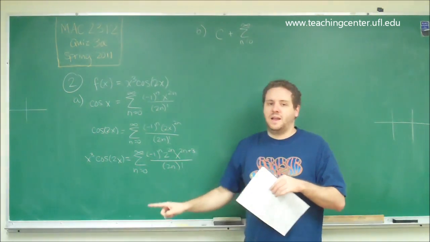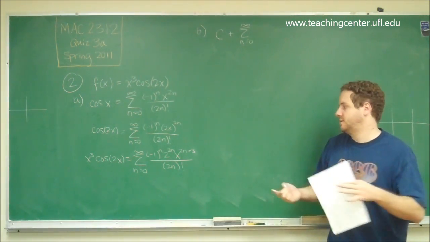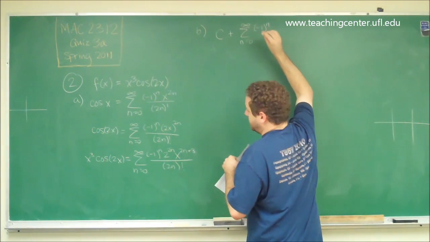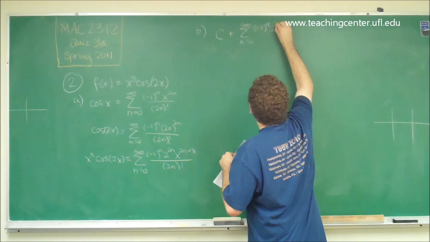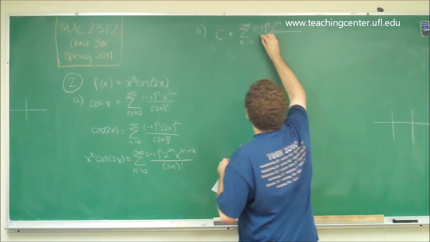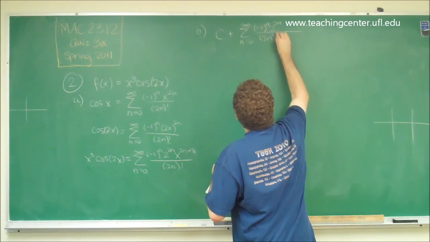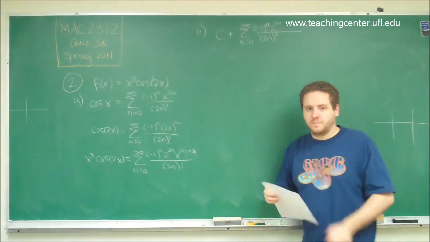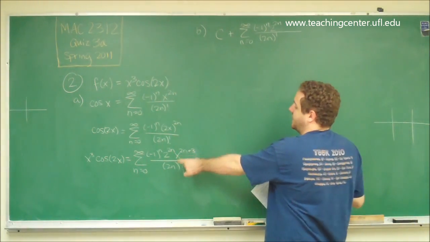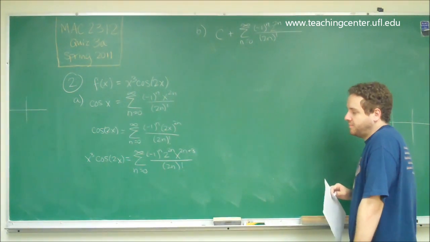Everything that's not an x here is a constant. So we still have negative 1 to the n, we still have 2 to the 2n, and on the bottom we still have 2n factorial.